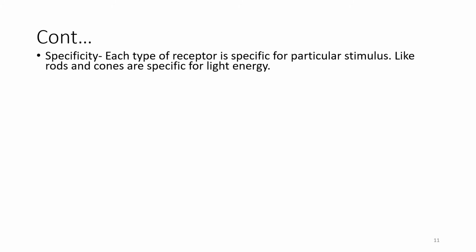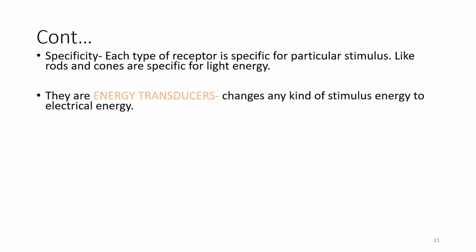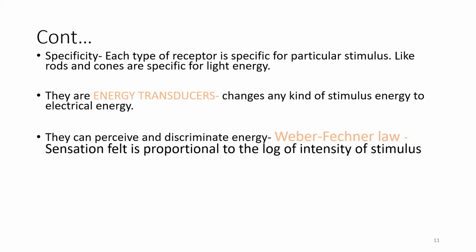Each type of receptor is specific for a particular stimulus, like rods and cones are specific for light energy. They are energy transducers, changing any kind of stimulus energy to electrical energy. They can perceive and discriminate energy, which is described by the Weber-Fechner law, that is, the sensation felt is proportional to the log of the intensity of the stimulus.